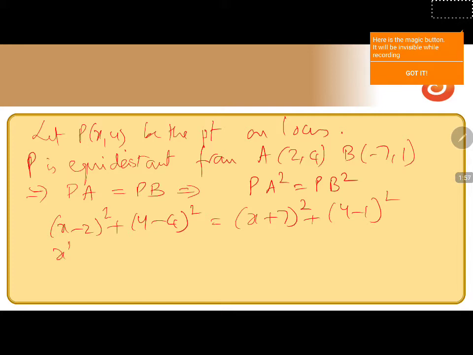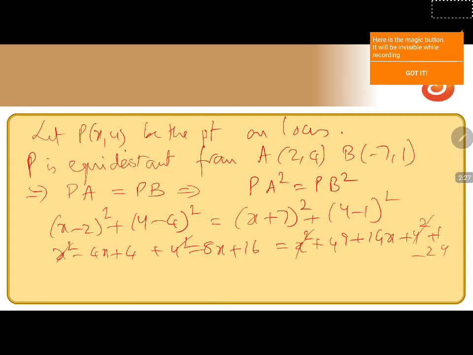So here I get x square minus 4x plus 4, y square minus 8y plus 16 is equal to x square plus 49 plus 14x, y square plus 1 minus 2y. Cancel x square and y square on both sides.